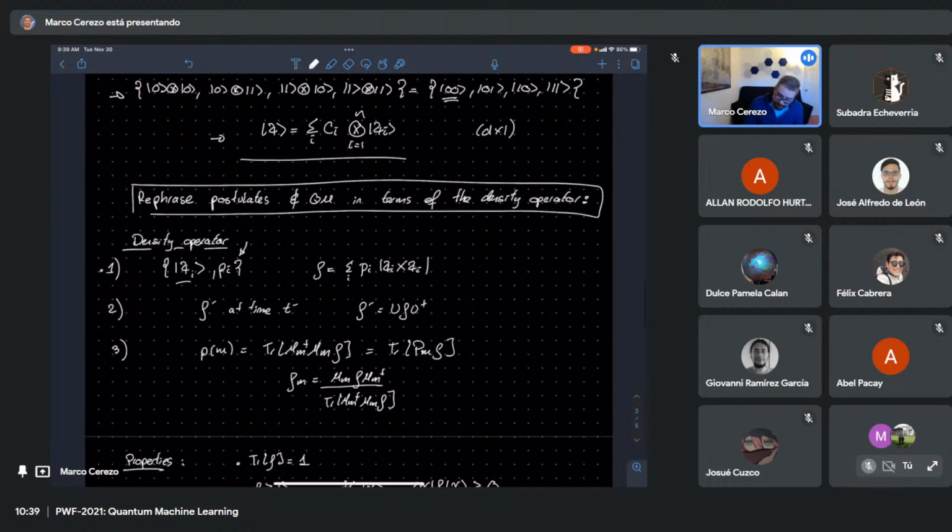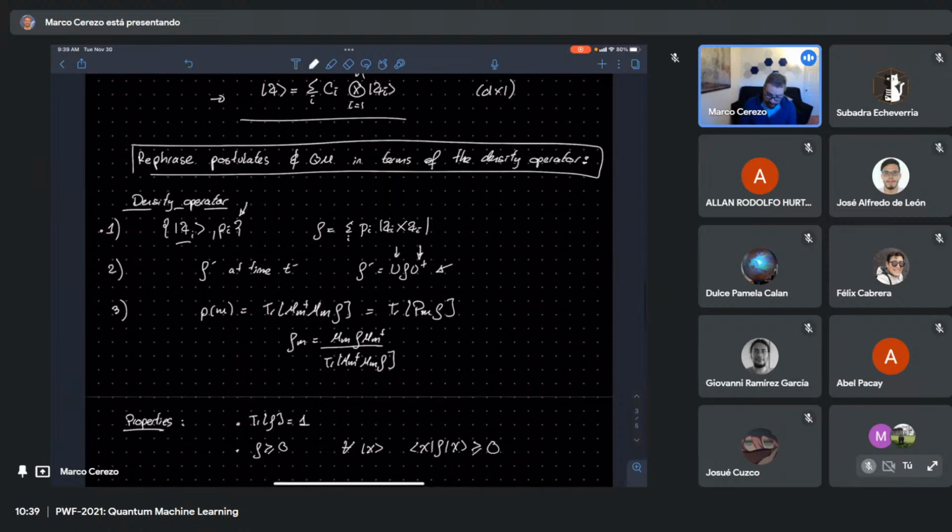Here we saw that the evolution is given by the conjugation of my density matrix with my unitary U. What I mean by conjugation is precisely this: I take U and apply it to rho, but I also have to apply U dagger. This is what I'm going to be referring to as conjugation. Measurement probabilities and the states post-measurement are given by those 2 equations.